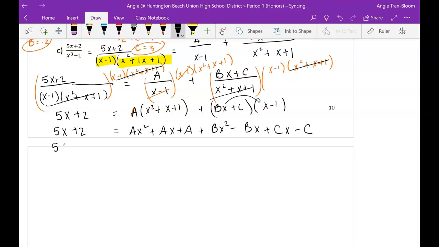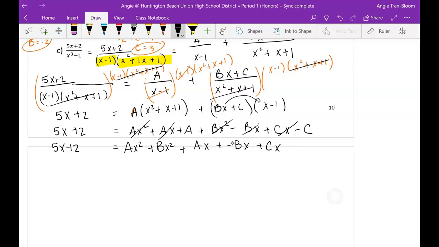Group like terms together, so all my a squares go together, plus bx squared. So those are squares, plus ax minus bx, or plus a negative bx, plus cx, so those x's are gone. I have constant a minus c. Okay, factor out like terms.